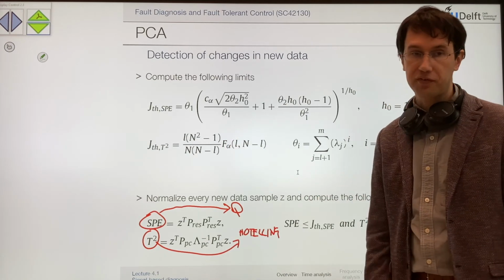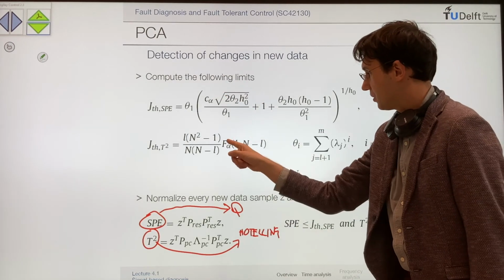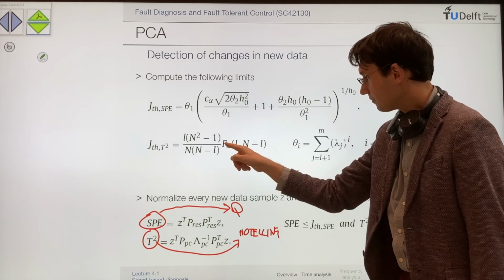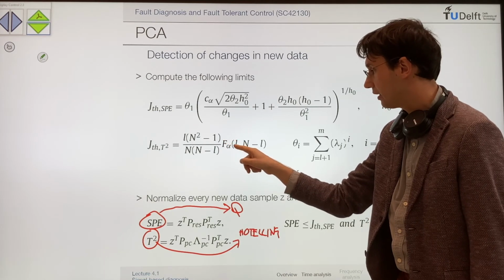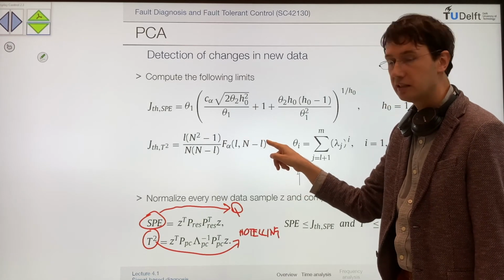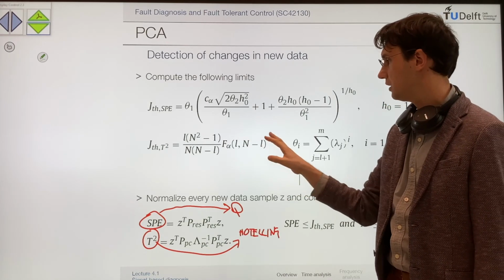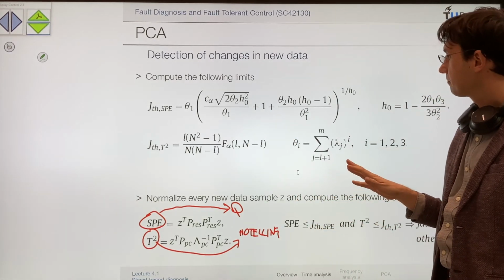You remember the F test we had in the previous lecture? Okay. So this is the threshold of the F test for a significance level equal to alpha, in the case that you have L and N minus L degrees of freedom. So this is something that is not so complex to compute.